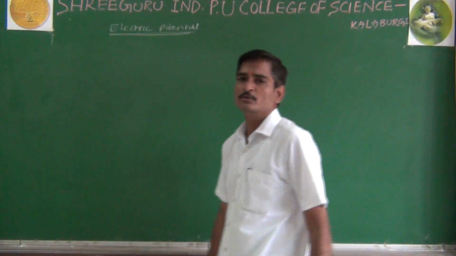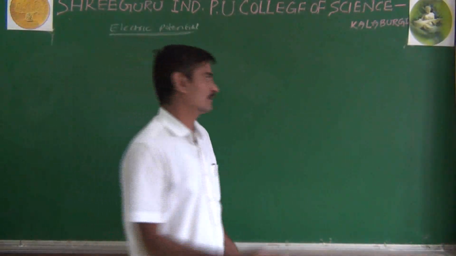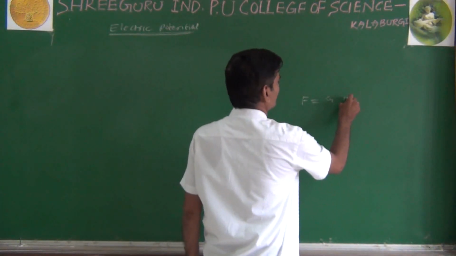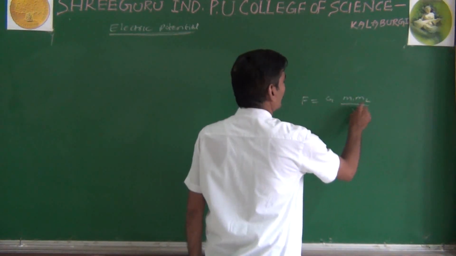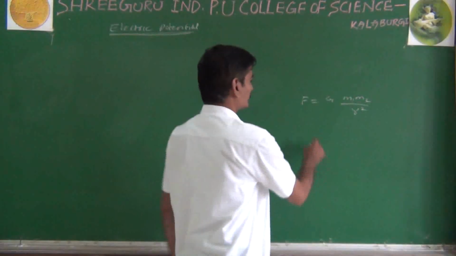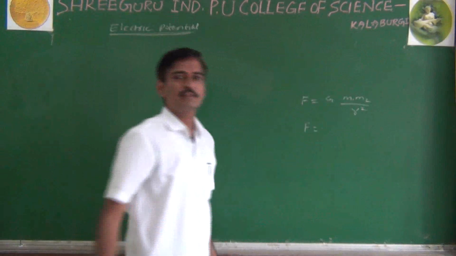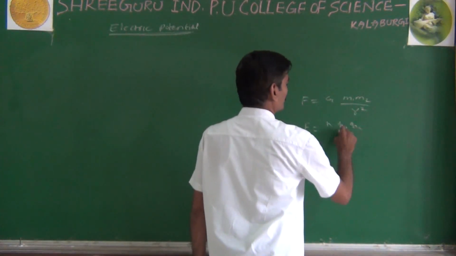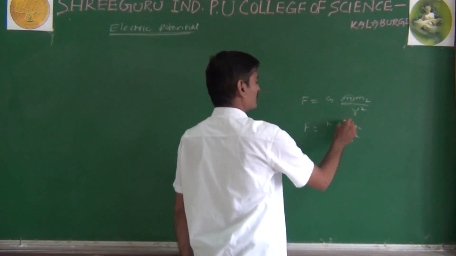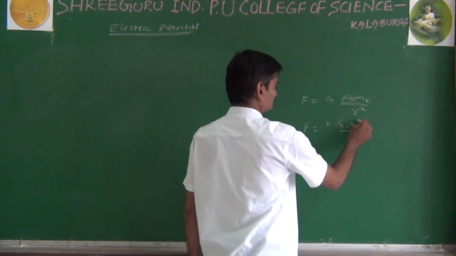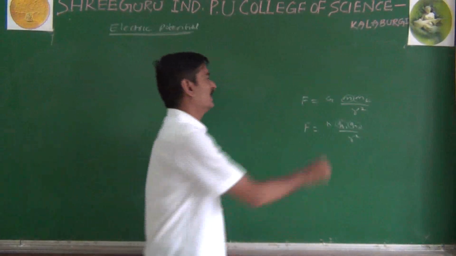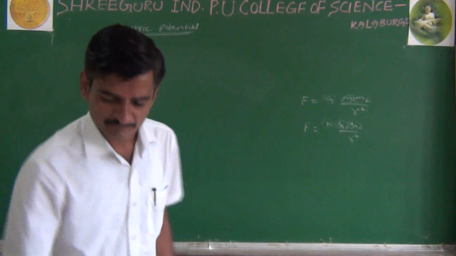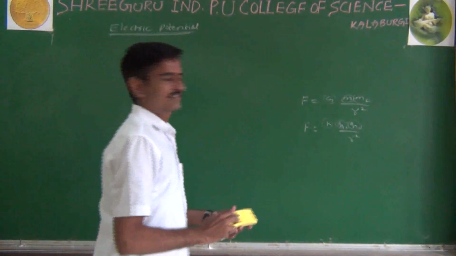For example, Newton's law of gravitation, the force between two masses, is F equals G m1 m2 divided by r square. Similarly, Coulomb's law, the force between two charges, can be written as K q1 q2 divided by r square. So masses are replaced by charge, and the gravitational constant is replaced by the electrostatic constant.